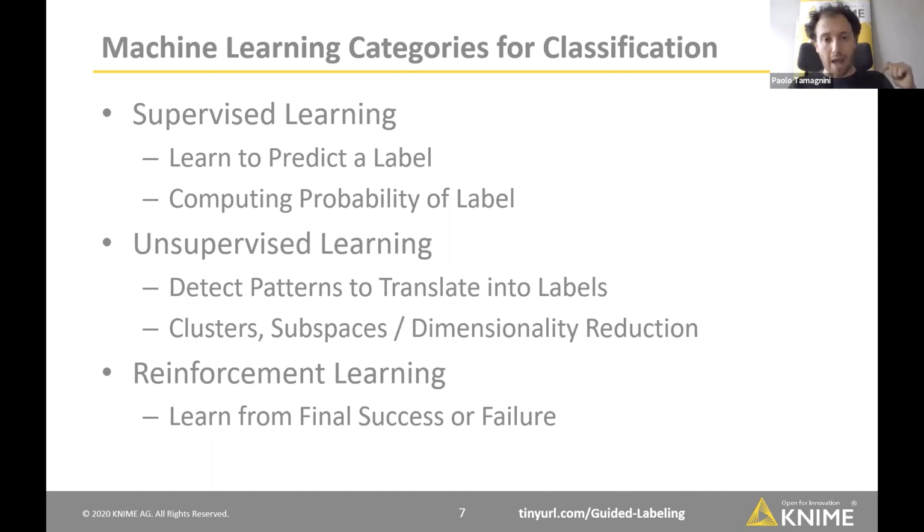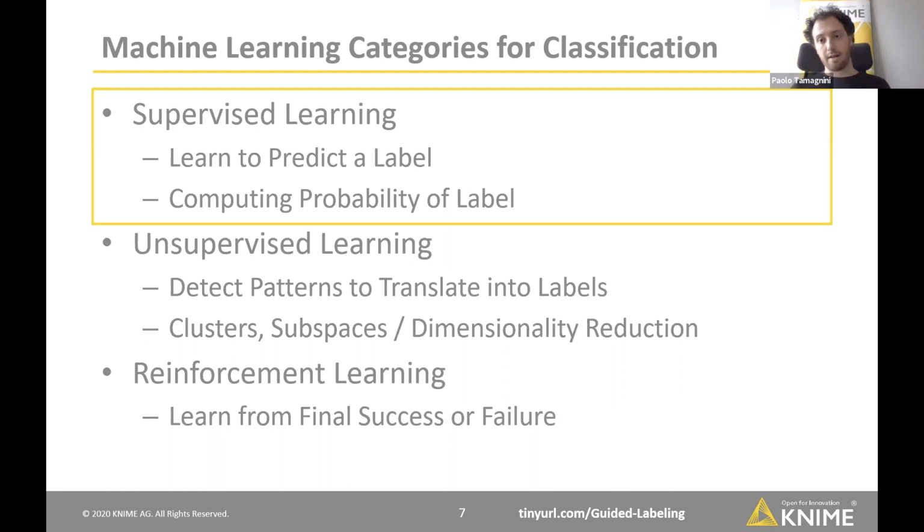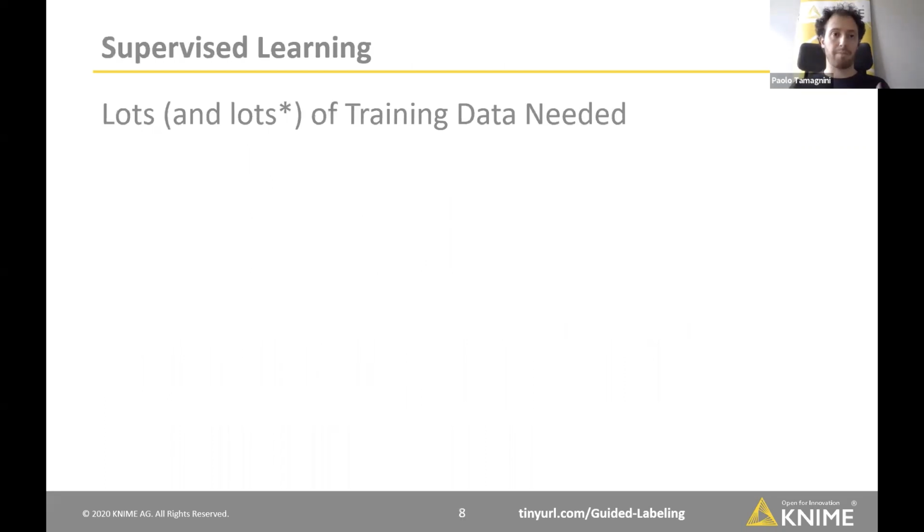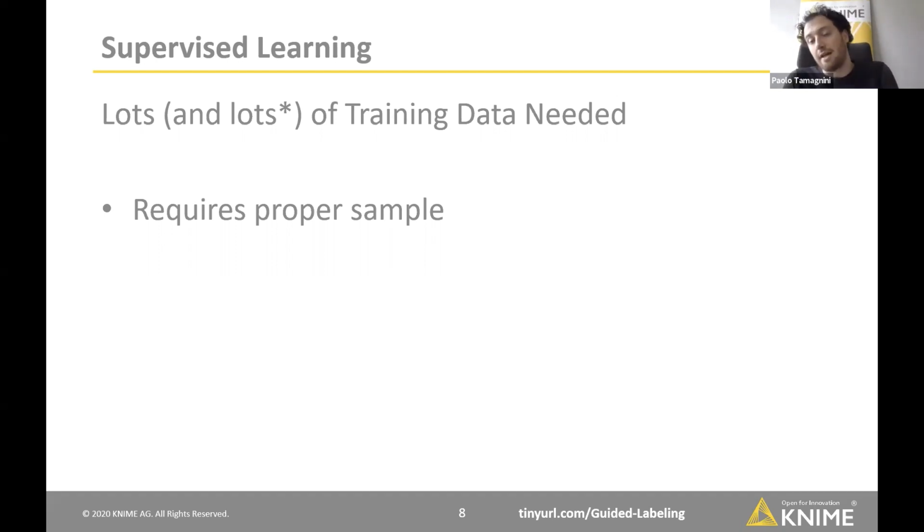Now, active learning stands in these categories right here, supervised learning. So what about supervised learning? Well, supervised learning needs lots and lots of training data. And what about this training data? We need to require a proper sample, so enough data that describes correctly the reality that the data is about, the real world scenario. And also the idea is to not be biased.